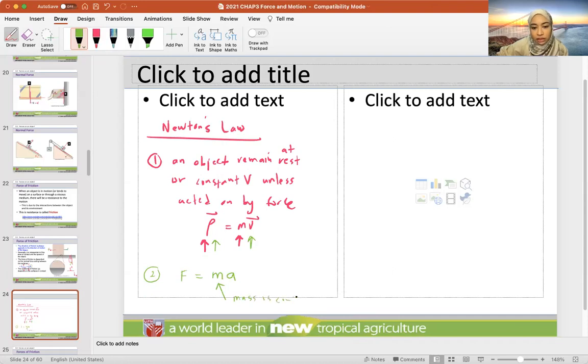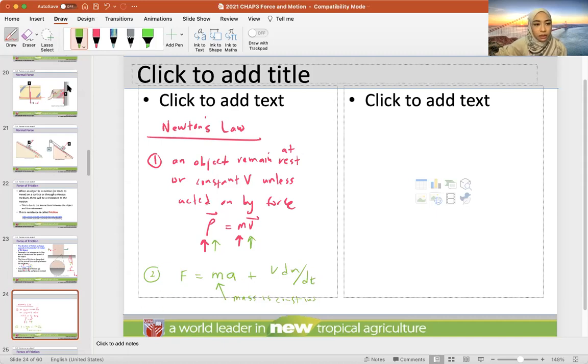When it's not constant, dia equation dia jadi lagi panjang, plus V dm dt. Okay, so when we have a change in velocity, we have the acceleration, therefore we have force. Or if we have force, we will have a change in velocity on the object. Okay, it goes vice versa.